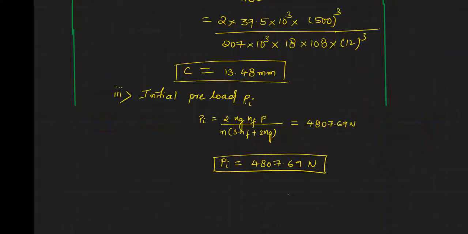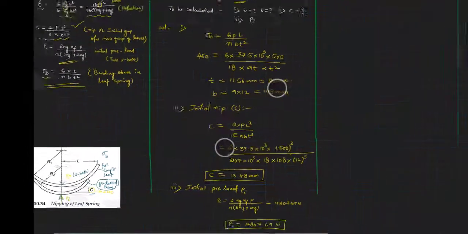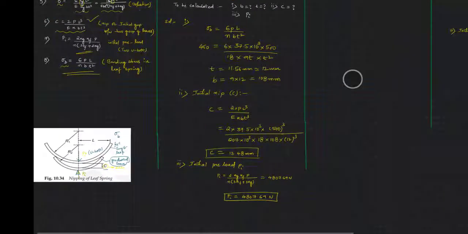From this problem, the following conclusion can be drawn: you need to make the leaves in such a way that when they are kept together they produce a gap of 13.48 mm, and in order to reduce that gap you need to apply a preload force of 4807.69 Newton.